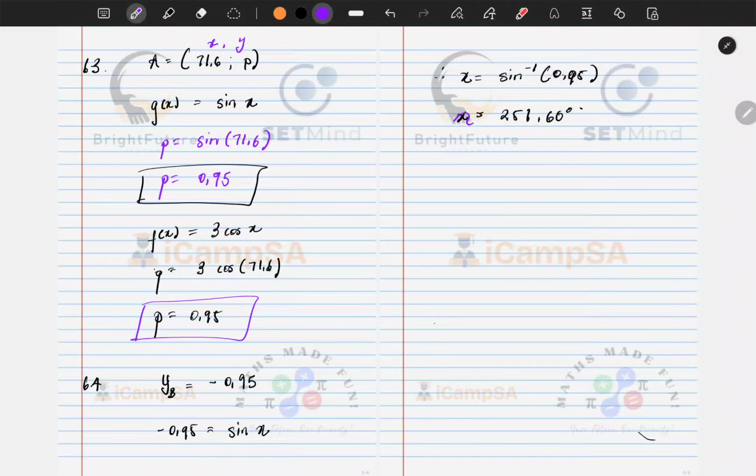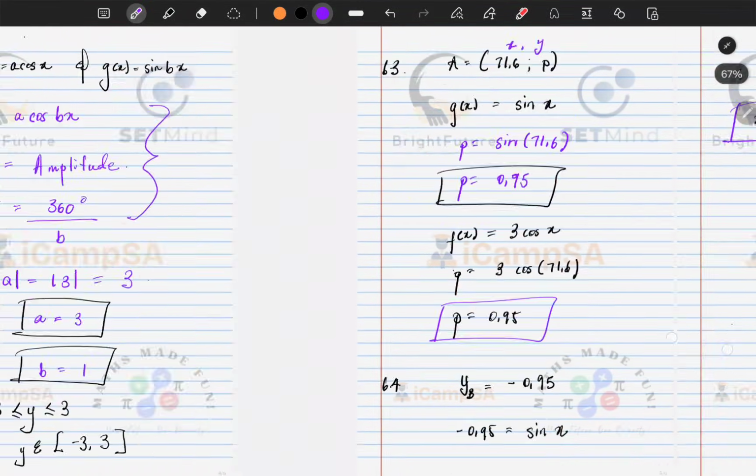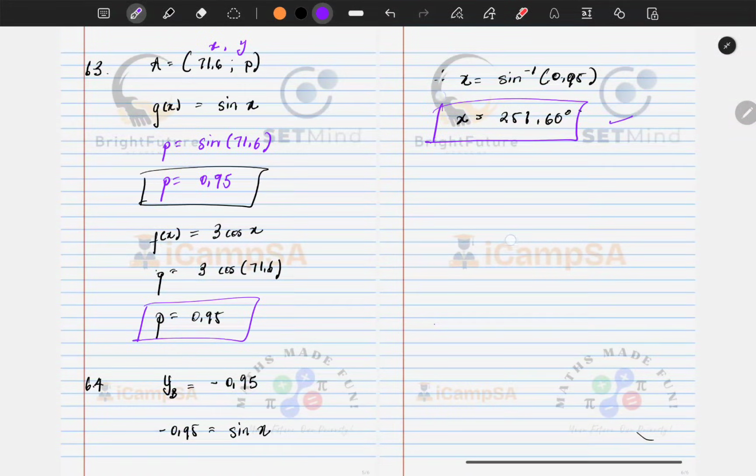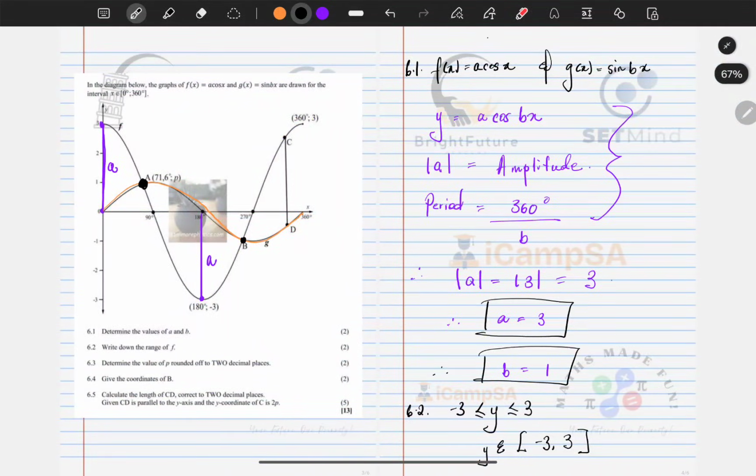And it makes sense because it is closer to 270 degrees. So it makes sense this way, right? So now let's look at 6.5. So 6.5, it says calculate the length of CD, right?